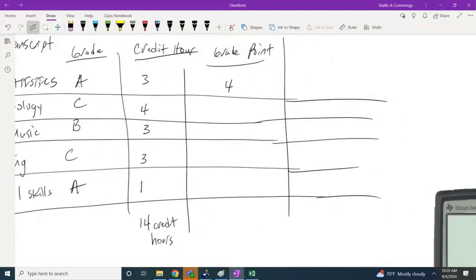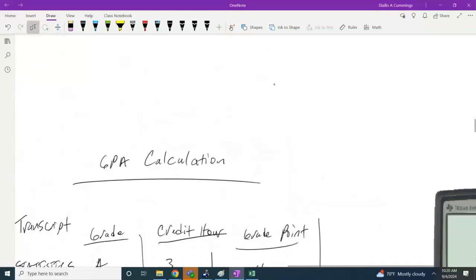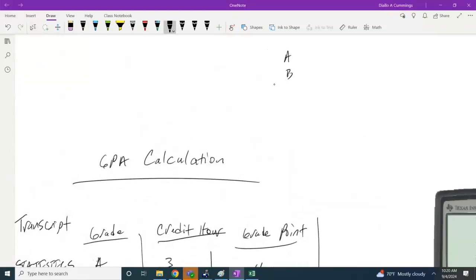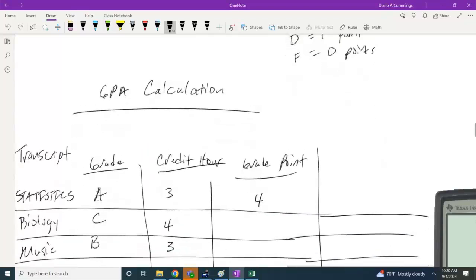Just so that we're all on the same page, we have A, B, C, D, and F. A is worth 4 points. A B is worth 3 points. A C is worth 2 points. A D is worth 1 point. And an F is worth 0 points.